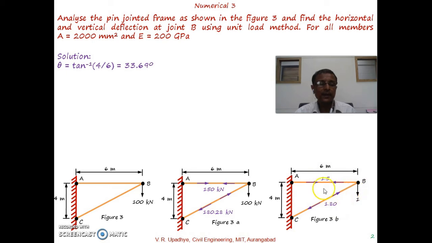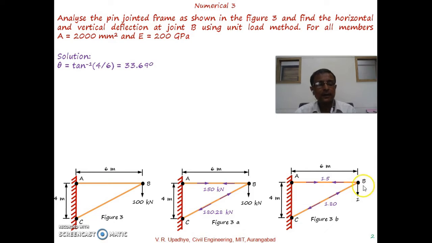Again, as we have done earlier, we can consider a free body diagram of joint B and use the method of joints to find the member forces in member AB and member CB when the unit load is applied.